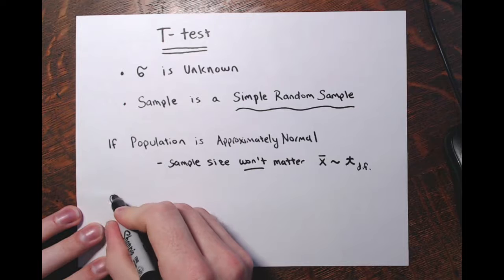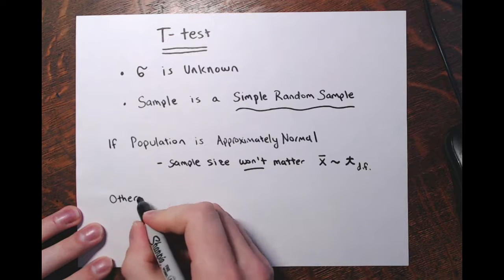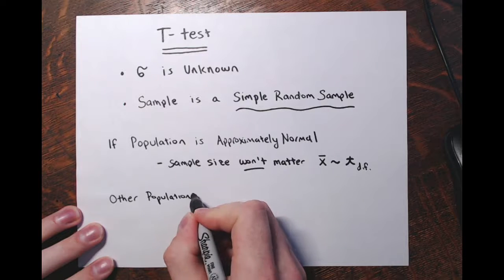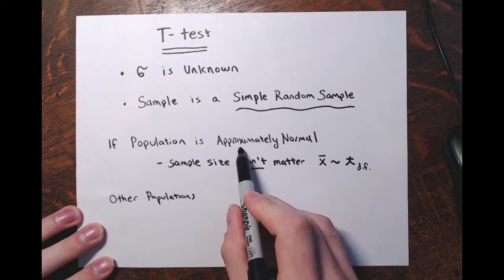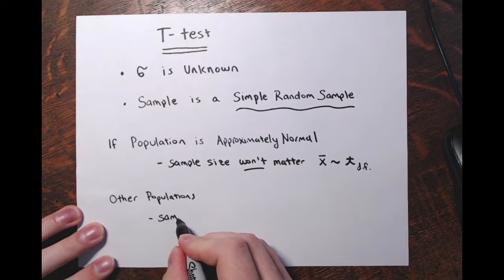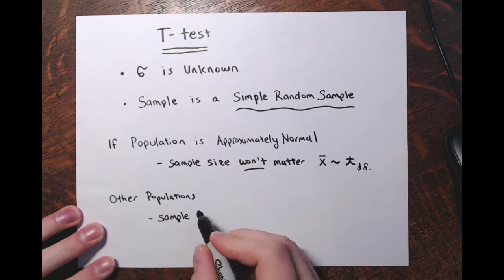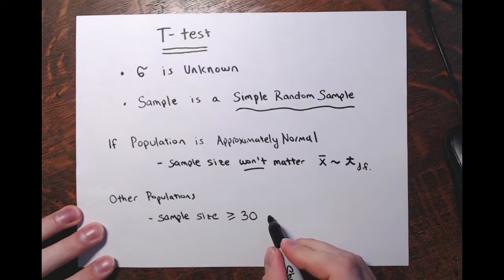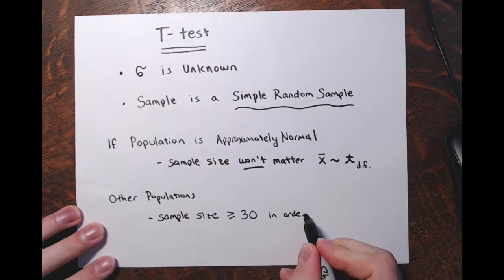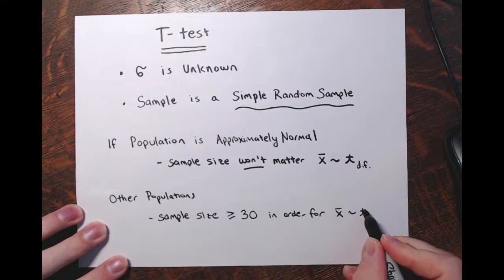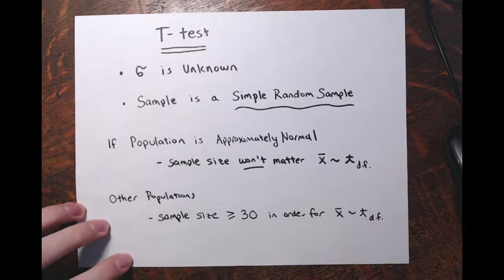Now for other populations, with distributions that are not normal, the sample size needs to be relatively large, usually greater than or equal to 30, in order for the central limit theorem to hold, in order for the distribution of the sample means to be that t distribution with so many degrees of freedom.